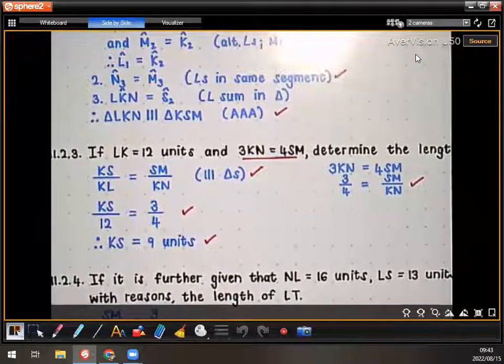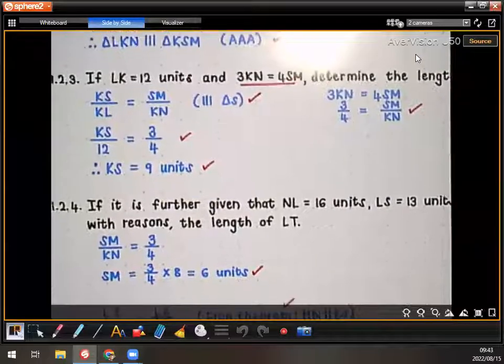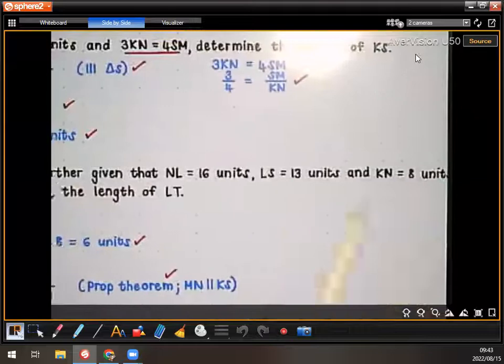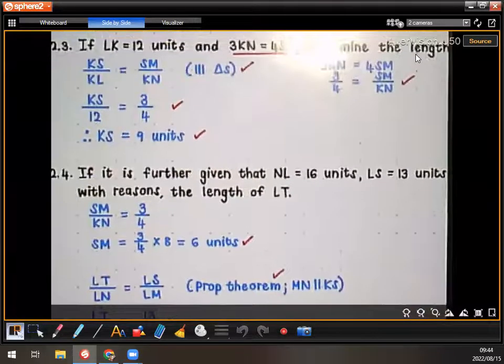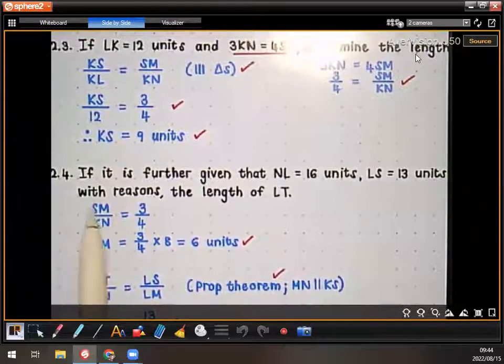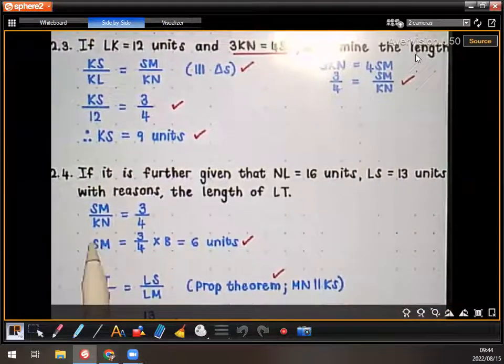And then the last one, again, not well answered at all. They told you now, if it is further given that NL is 16, LS is 13, and KN is 8, determine with reasons the length of LT. So what did I do here? They gave me the length of KN, so I realized I can now find the length of SM using the ratio that they gave me up here, because KN is 8.